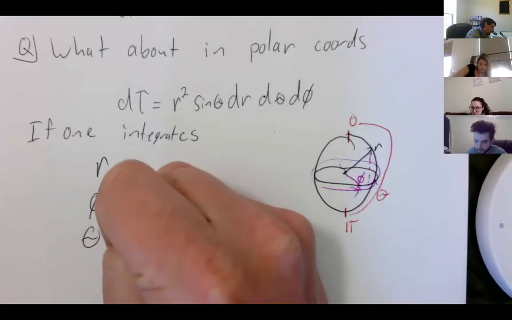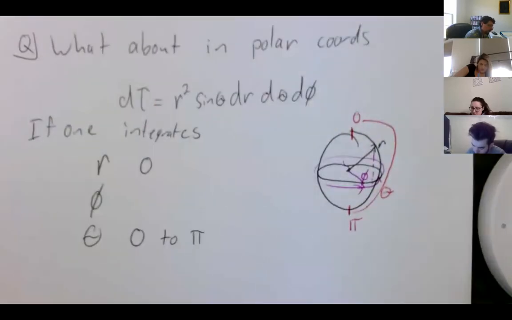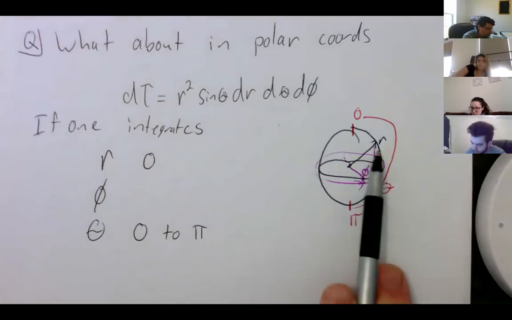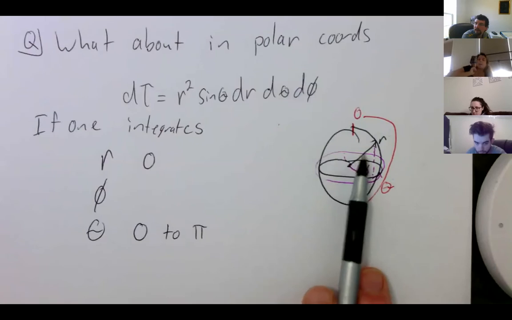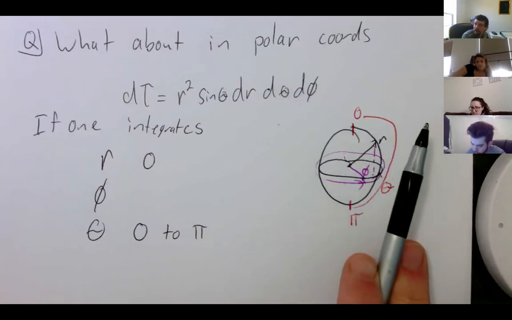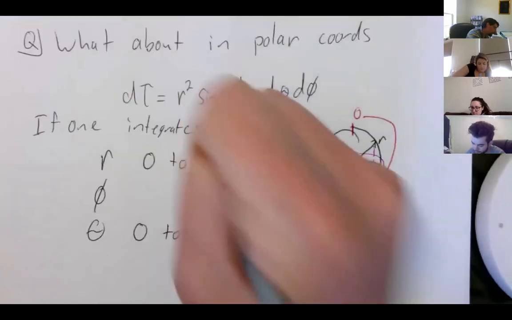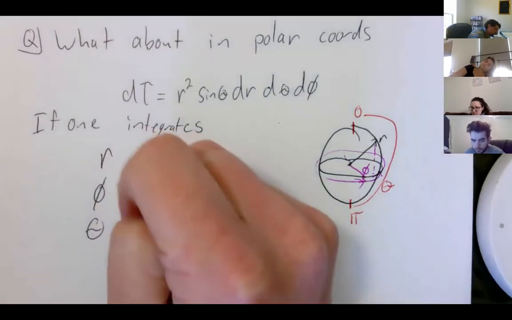For r, we're going to start at 0, but remember, we're going to talk about a 3D system. Previously, we were saying wrapped on a sphere. Now we're going to say it can go beyond the sphere: infinity. Because we're eventually going to talk about atoms, and atoms' electron density can extend really far. What about phi, if we're going all the way around a circle? 0 to 2 pi.